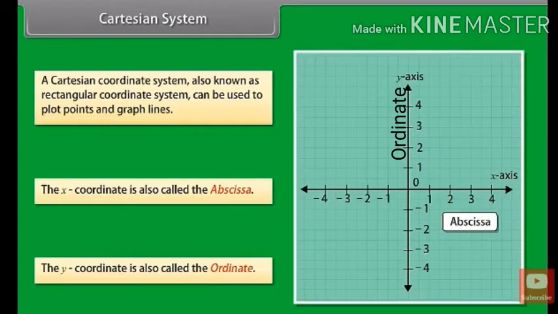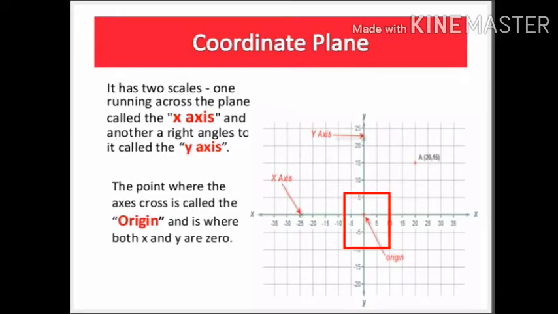Cartesian system: a Cartesian coordinate system, also known as a rectangular coordinate system, can be used to plot points and graph lines. The x-coordinate is also called the abscissa. The y-coordinate is also called the ordinate. The intersection point of the x-axis and y-axis is called the origin, where both x and y are 0. We take the origin as a reference point to locate other points in a plane.